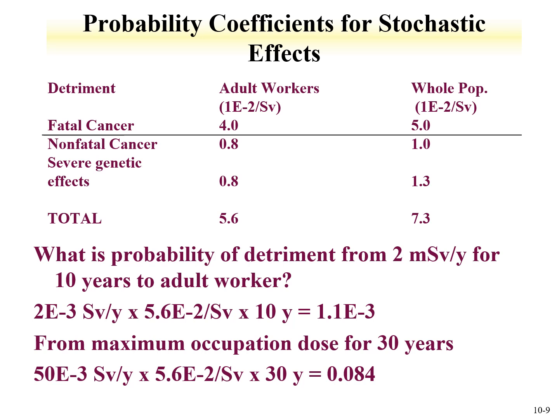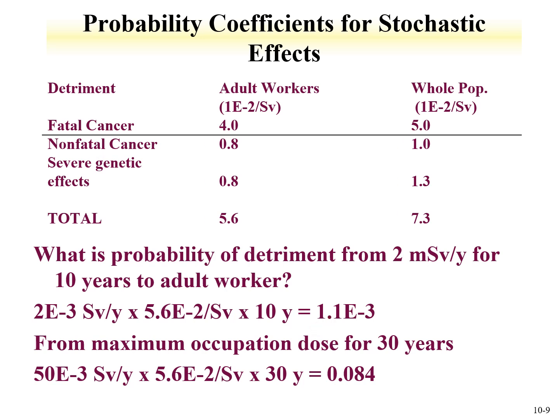So for instance, what is the probability of detriment for 2 millisievert per year for 10 years to an adult worker? If we have 2 millisieverts per year times 10 years times 5.6 times 10 to the minus 2 detriment per sievert, which is given from this value, we get this value, which is basically the increased risk of having some detriment.